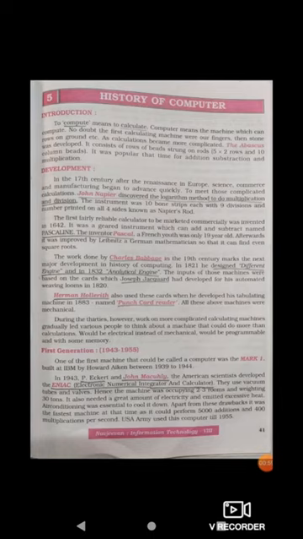So let us begin with our chapter number 5, History of Computers. Introduction. To compute means to calculate. Computer means the machine which can compute.